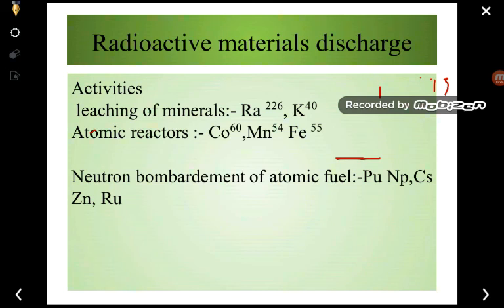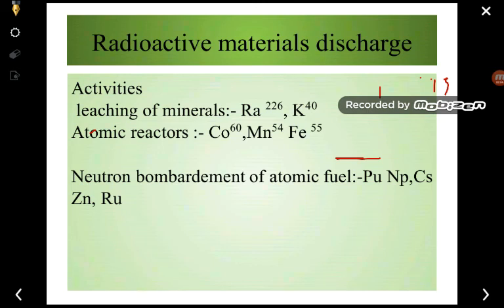After this construction, a certain amount of radioactive waste is generated, that is certain. So radioactive materials are discharged.